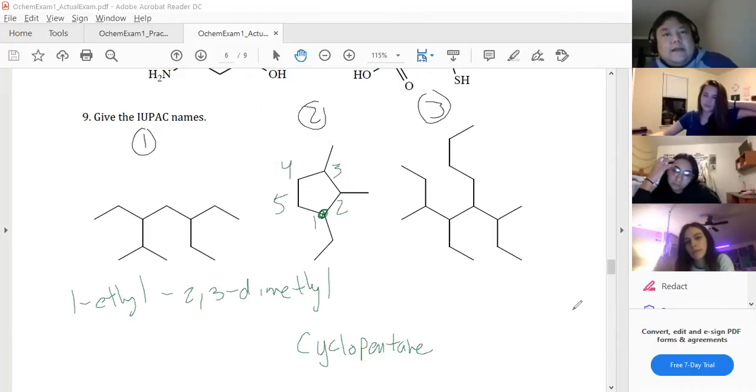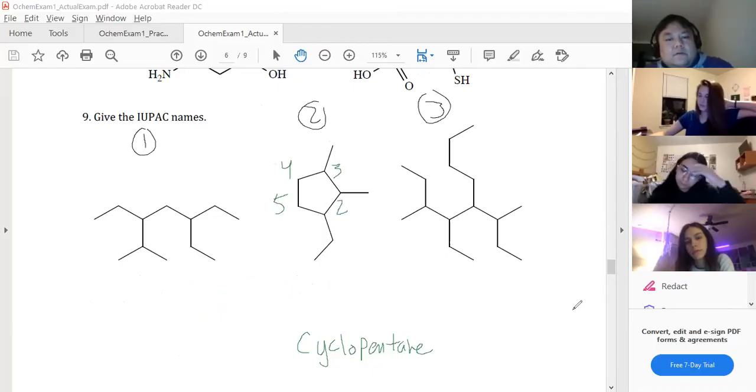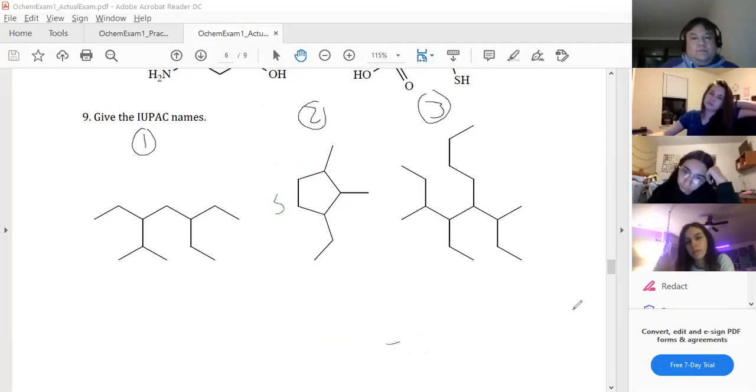Okay, and finally, let's do our last one. What's our longest chain? Is it the top left end to the top right end? No, that's a good question. Let me take a look.